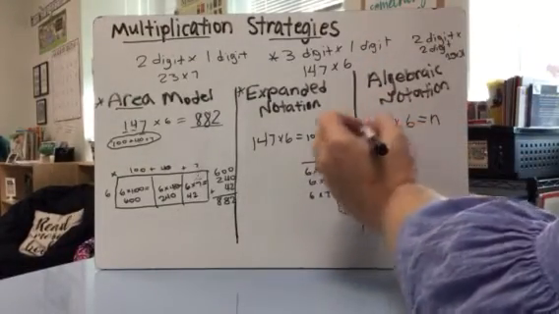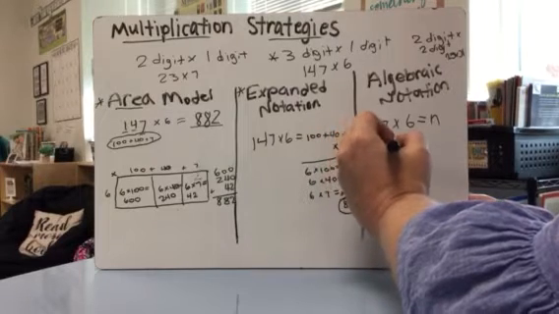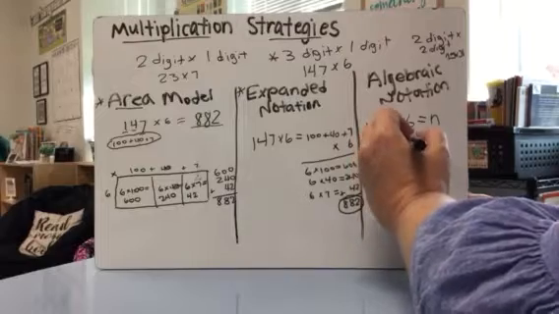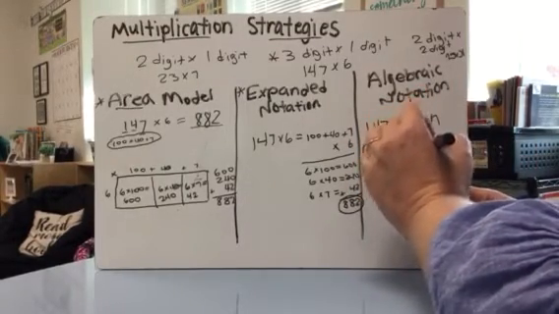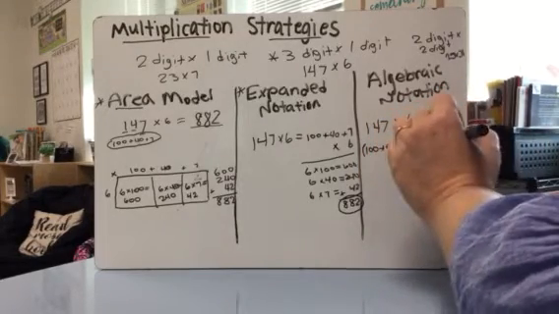Again, we're decomposing 147 into its place value. 100 plus 40 plus 7 in parentheses, and then we are going to do times 6 equals n.